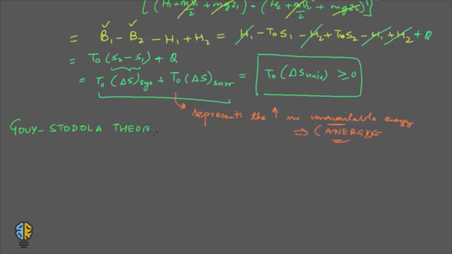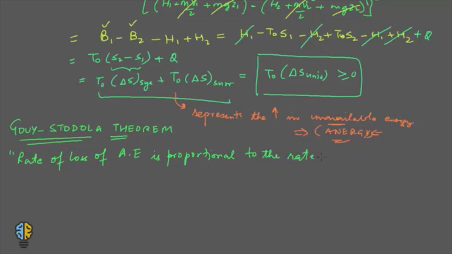Now it states that the rate of loss of available energy, or exergy, in a process is proportional to the rate of entropy generation. So this is what your Gouy Stodola theorem is.